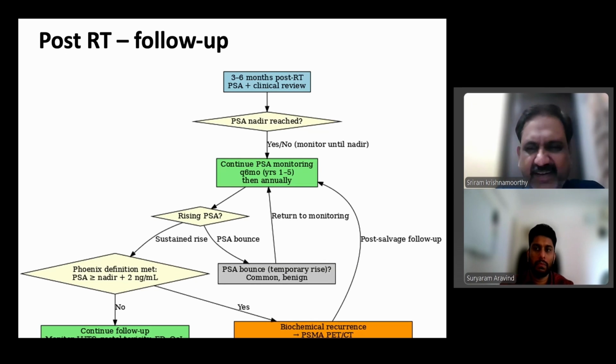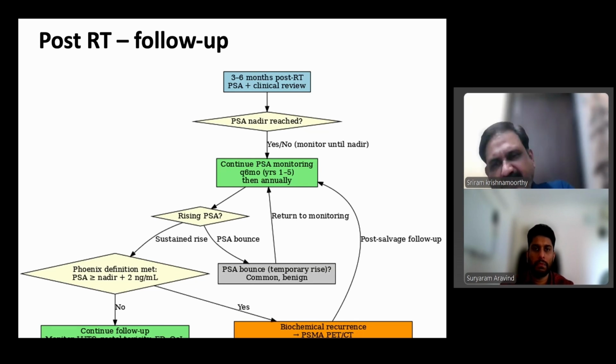So PSA levels become unpredictable in the first 18 to 24 months. So if at all you want to call it a PSA rise, that will be only after 2 years of radiation therapy. Until then, it is extremely difficult to make a diagnosis of biochemical recurrence. That's the reason why the Astro definition, the Phoenix definition, had so much ambiguity, because of the presence of what is called a PSA bounce, which will happen in between.